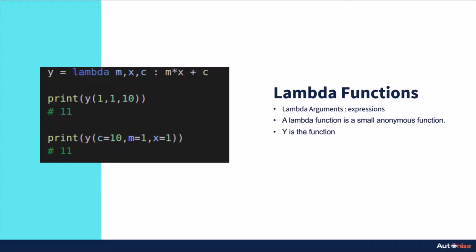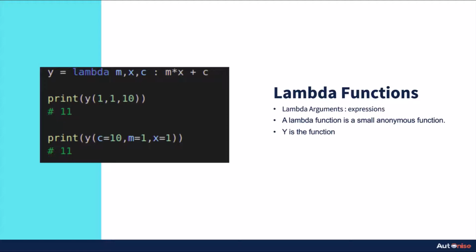Imagine if you want to write an equation of a line. In math, you can directly write it as y equals mx plus c. So to make it closer to what we actually do in math or in English, you can use a lambda function. These are also called anonymous functions. You can use simple expressions and make a function from them.